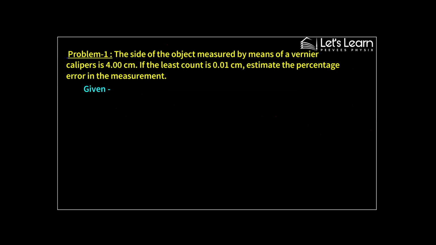Let's do a question. The side of an object is measured with an instrument. How much is the length of the side of the object? 4 centimeter, and the least count is 0.01 centimeter, and they wanted the percentage error in measurement. How do we do that? For that, the given least count is 0.01, so the absolute error in measuring y is 0.01.